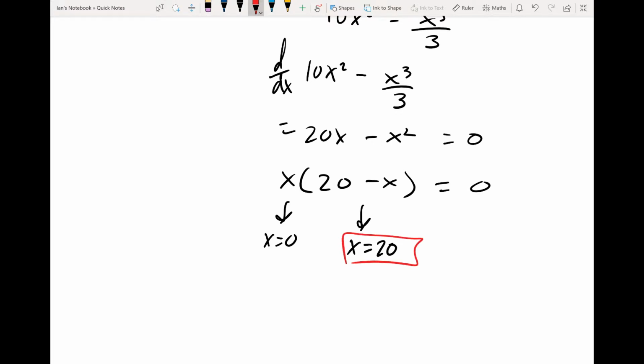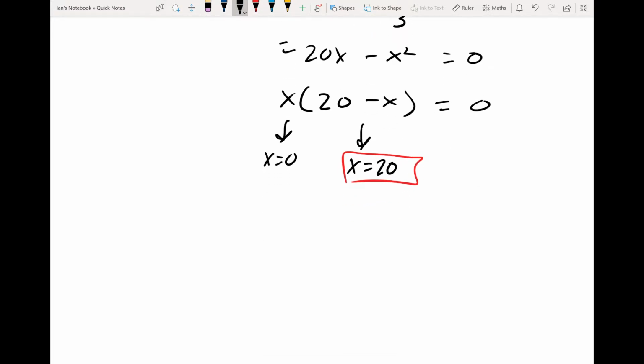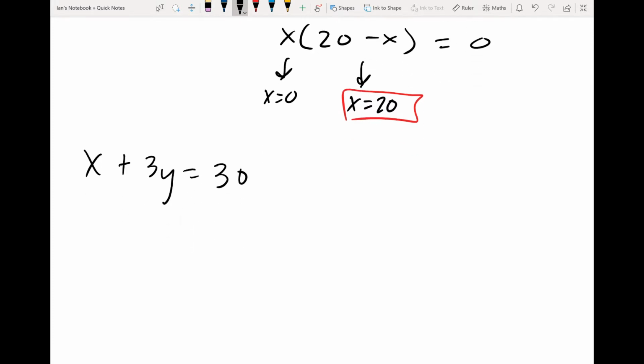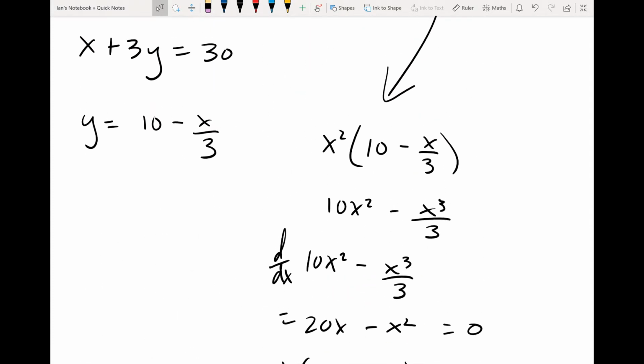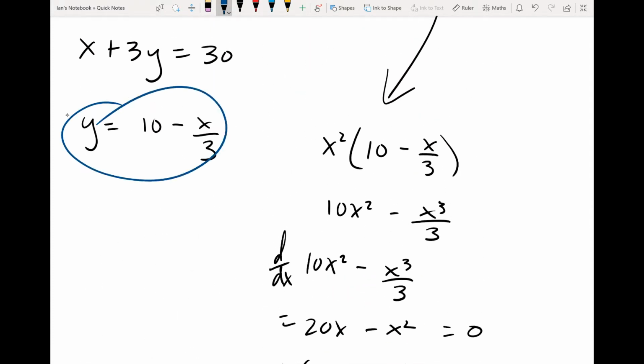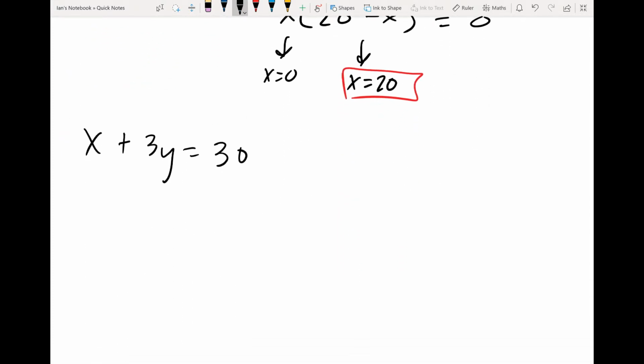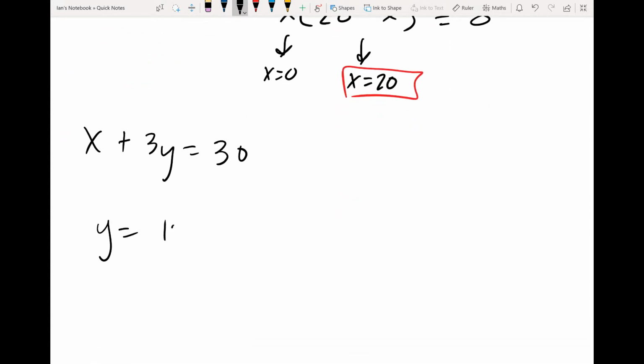That's our first value. So we know in our equation x plus 3y equals 30, x is equal to 20. So we can plug back into our rearranged form for y. We could say y is equal to (10 minus x) over 3.